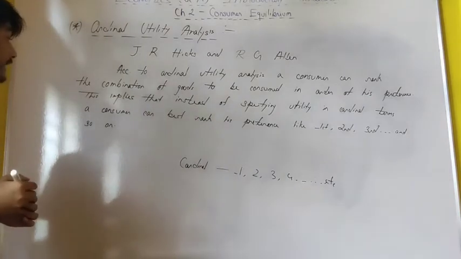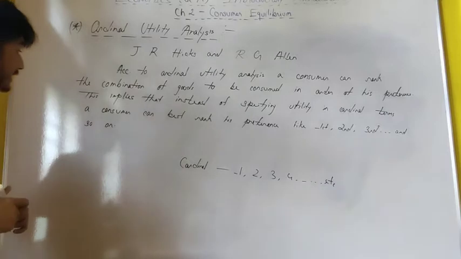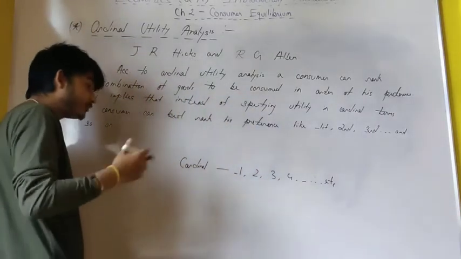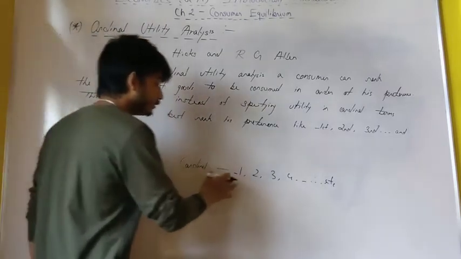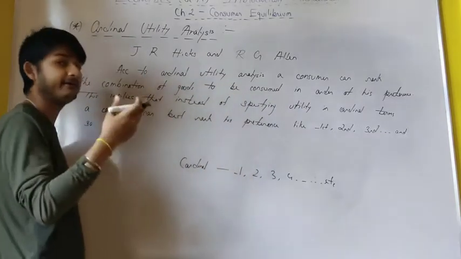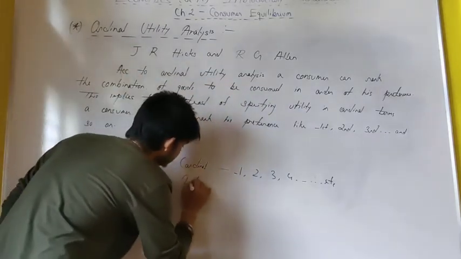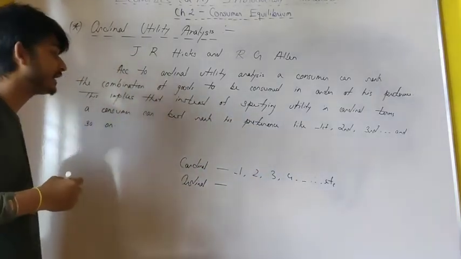So this is the main idea of cardinal and ordinal utility analysis. The cardinal utility analysis uses a numerical measurement, and they said that utility can be measured in numerical terms: 1, 2, 3, 4, 5, 6, 100, 200, 300. But the ordinal utility analysis said that no, utility cannot be measured in cardinal numbers.